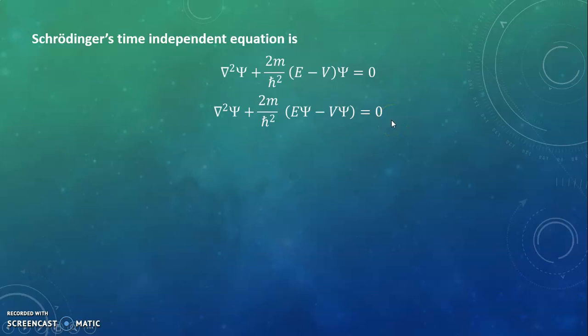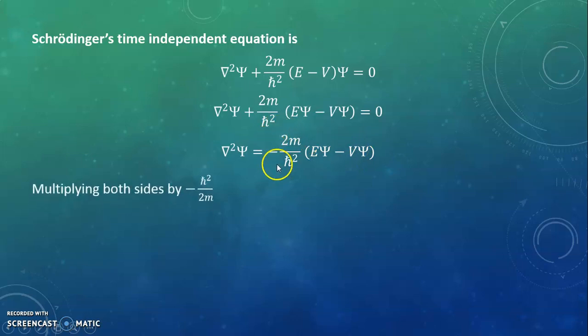In the previous equation we found the value of Eψ. Let's substitute that value of Eψ here. But before that, we take this plus term to the other side. So that time del squared ψ is equal to minus 2m upon ħ squared in bracket (Eψ minus Vψ).